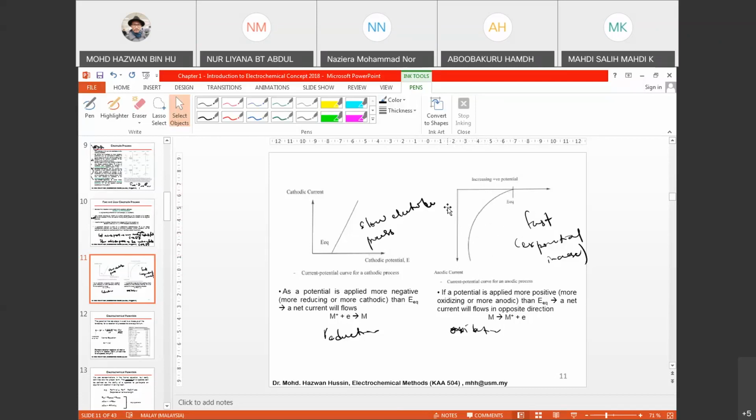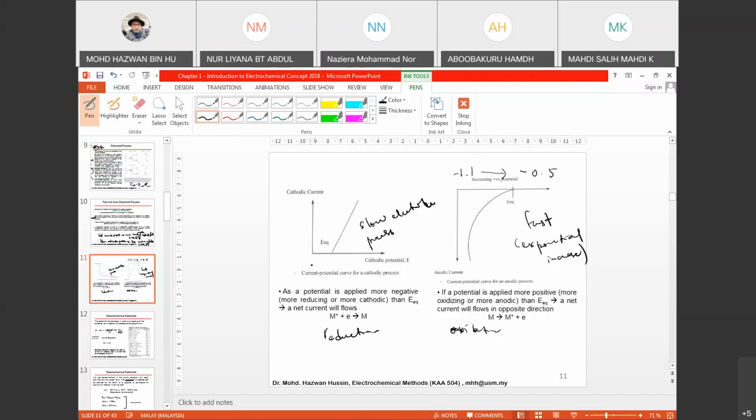As you increase the potential from minus 1.1 up to minus 0.5, for example, because we are comparing the two electrodes, this is going more positive, right? So you will see the current response increases exponentially.